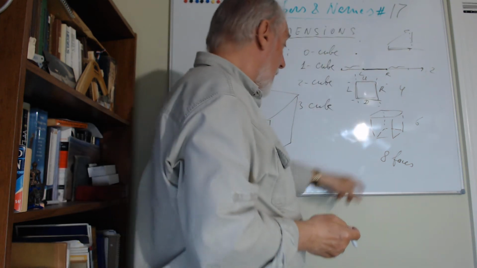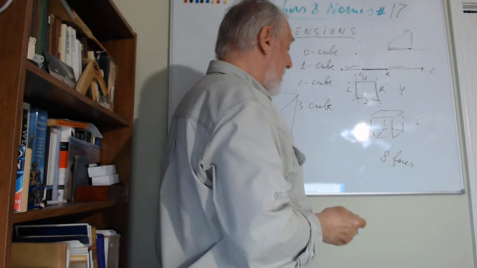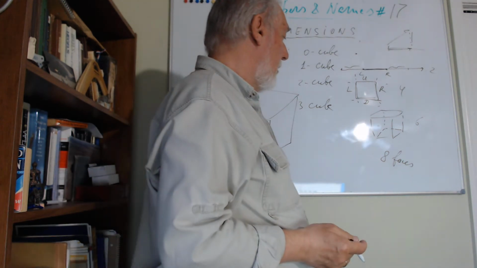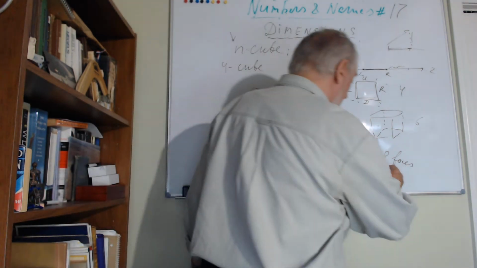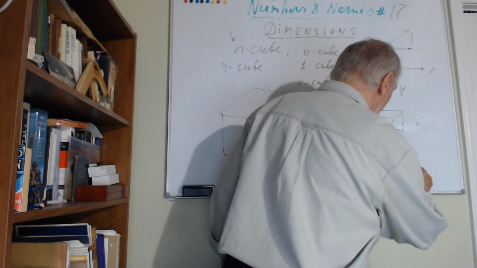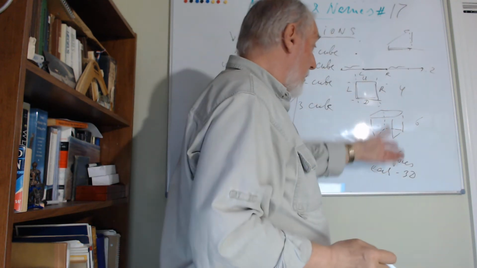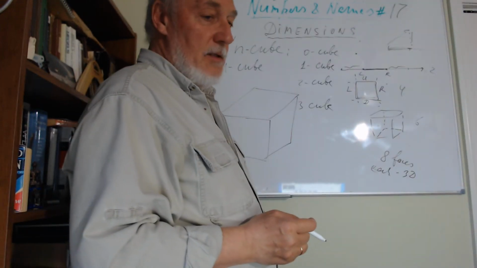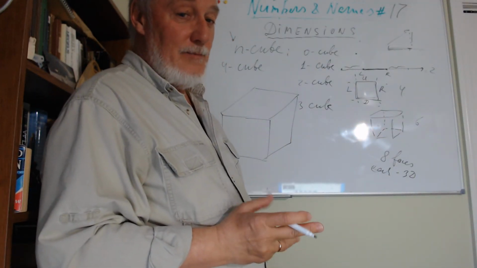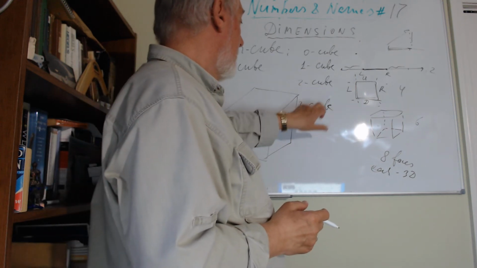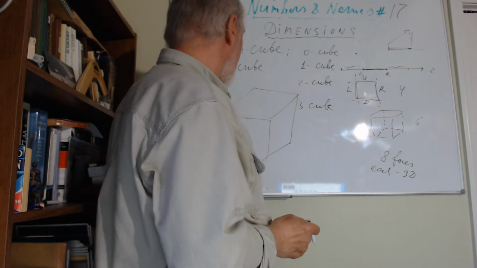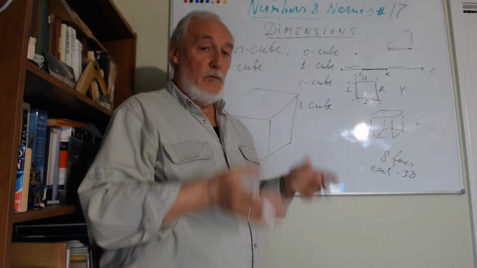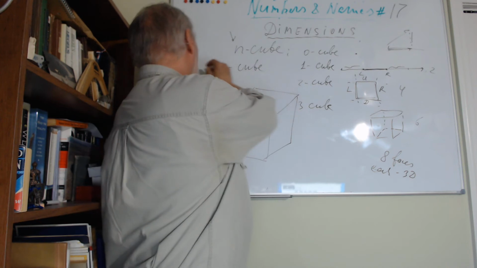And here, each face has how many dimensions? 3. Each face is 3D. Because they are all like cubes, each face is a 3D cube. The cube is a face, a side of the 4-cube, or hypercube.